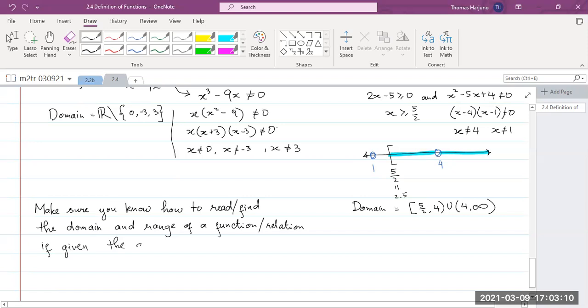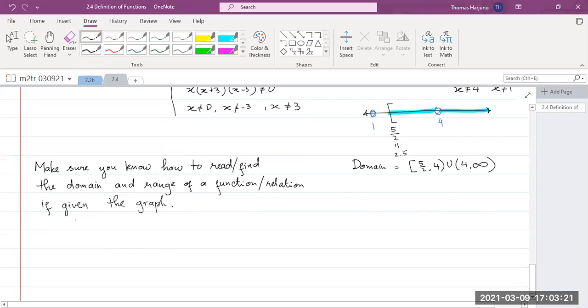I will not go over this anymore. It's already in your lecture. It's on the easy side, but you just need to know how to read it when we have a graph. For example, later on, you need to practice question number 17 to number 20 in section 2.4.